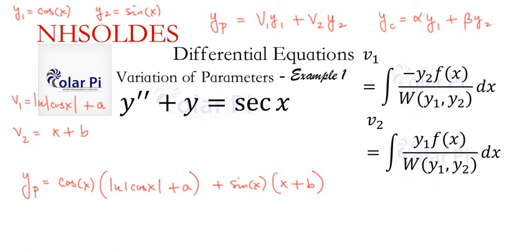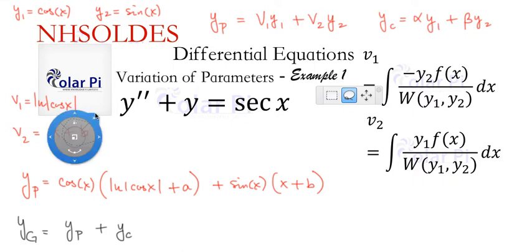Okay, let's look at this, and remember the general solution, y general, so this is all of the solutions to the differential equation, would be formed by adding the particular solution and the complementary solution. So let's pretend like we found the particular solution without the constants a and b attached to v1 and v2 respectively.